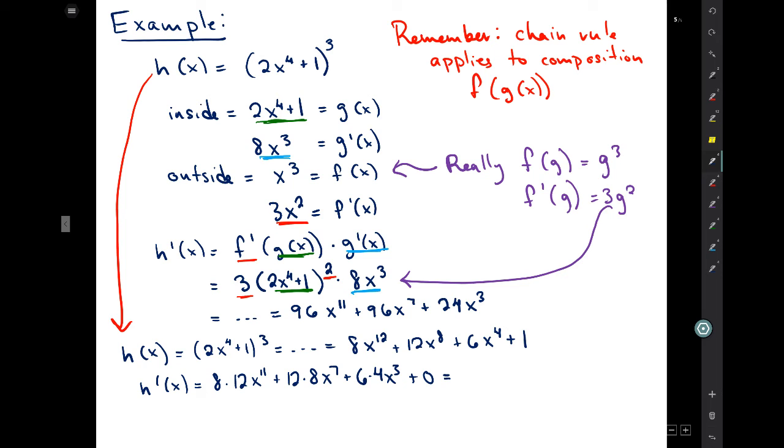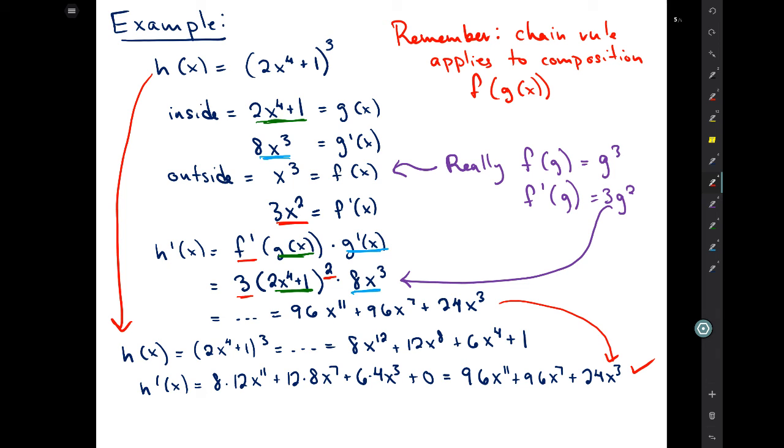When I simplify this, I end up getting 96x to the 11th, plus 96x to the 7th, plus 24x cubed, which is exactly what I got before. This is exactly the same. So if you're skeptical about the chain rule still, this is too much to be a coincidence.